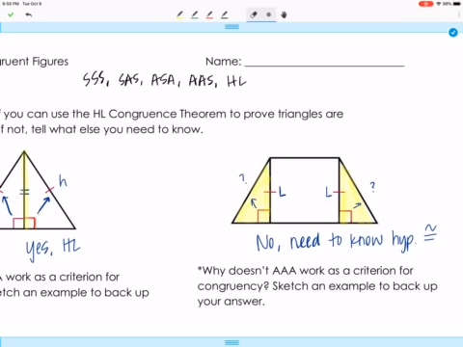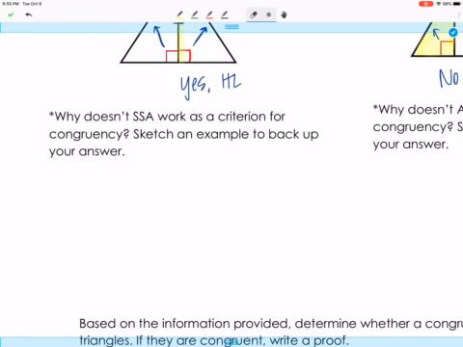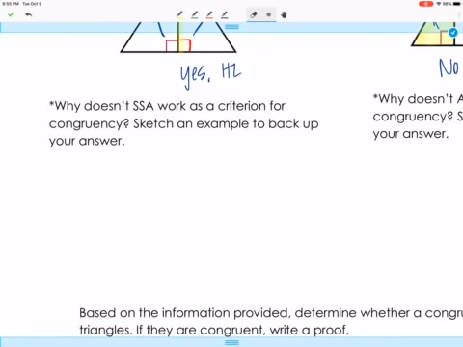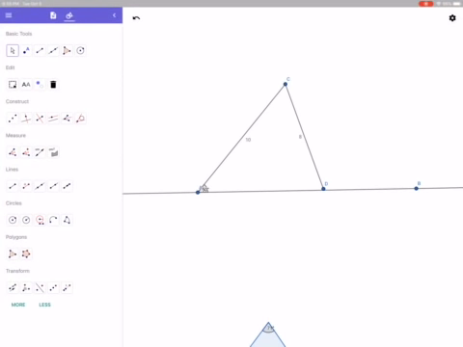So I want to talk for a second about why that can never work as a reason for congruency. All right, so I'm going to show you an illustration on GeoGebra and take whatever note or sketch, whatever picture helps you remember this, because you might have to reiterate this to me on your test, okay?